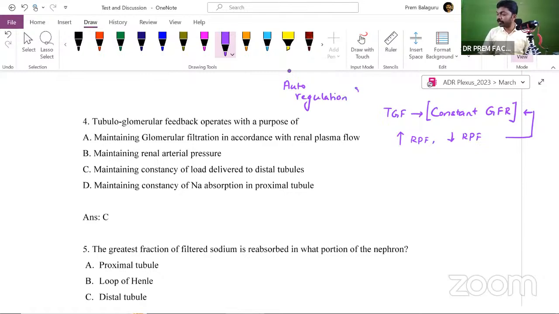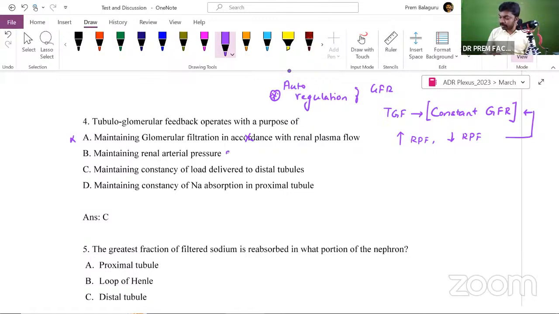In this autoregulation of GFR, tubuloglomerular feedback is one of the important mechanisms with which it's getting operated. So it is a constant GFR, not in accordance with renal plasma flow. So option A is wrong. Option B, renal arterial pressure.